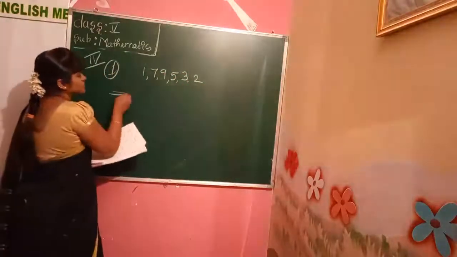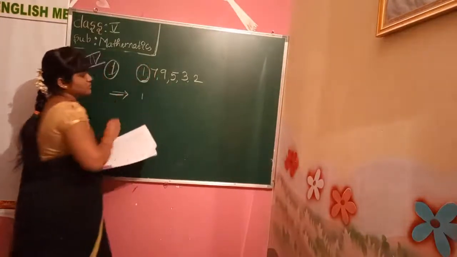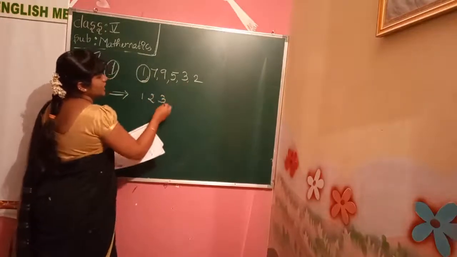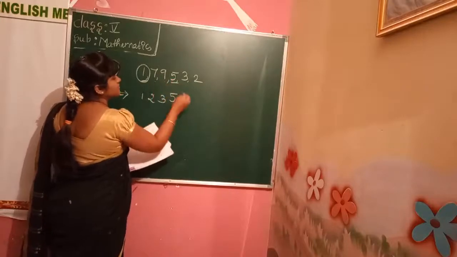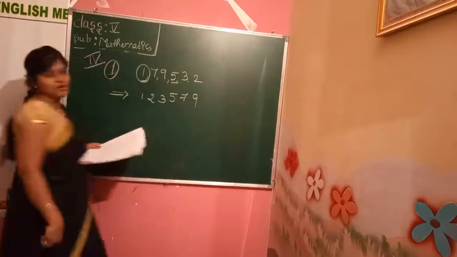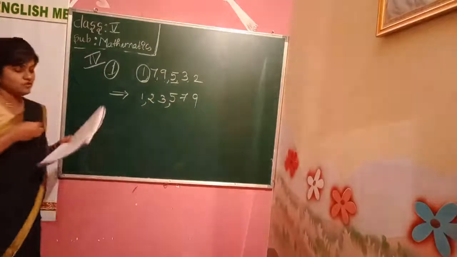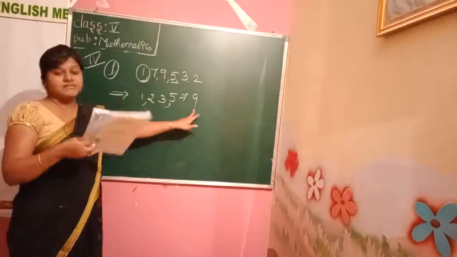So the first smallest number is 1. After 1, 2. After 2, 3. After 3, 5. After 5, 7, 9. What is the value we got? 1,23,579.